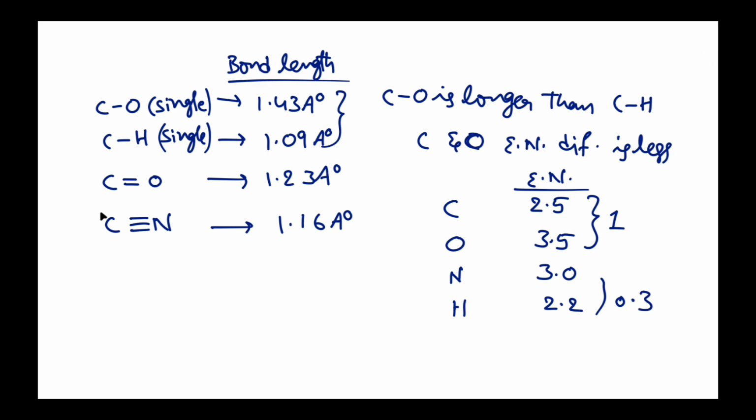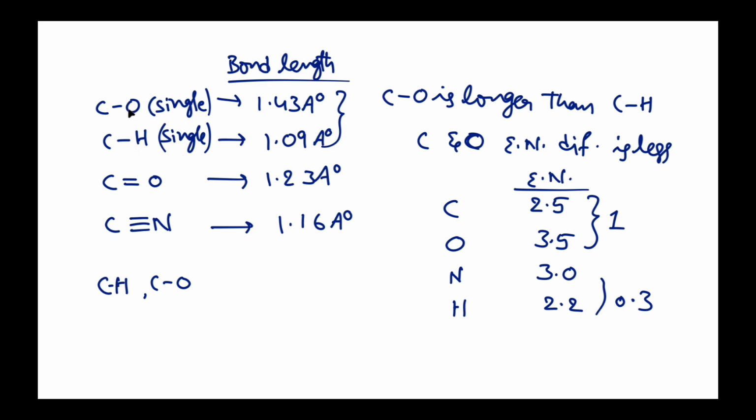Here the C-H bond is shorter than the C-O bond because hydrogen is very small compared to oxygen, and even carbon is small compared to oxygen. So due to the small size of the hydrogen atom, the C-H bond length is less compared to the C-O bond length.